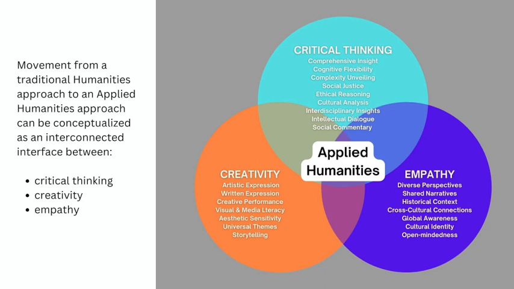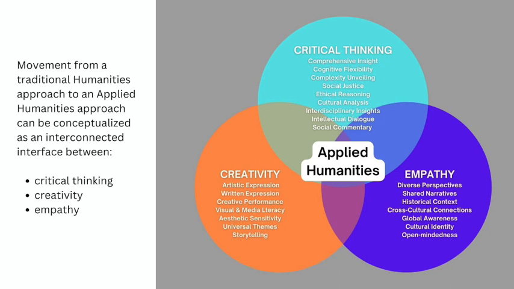In this diagram, I've taken the various elements of traditional humanities from the previous slide and matched them to three key umbrella skills that dominate the humanities. The first area is critical thinking, which would include things like ethical reasoning, cultural analysis, and cognitive flexibility.